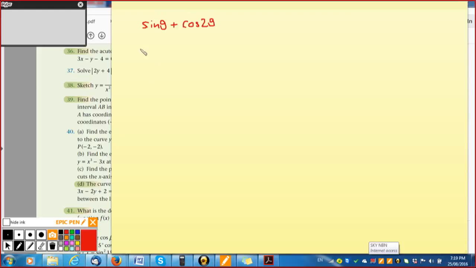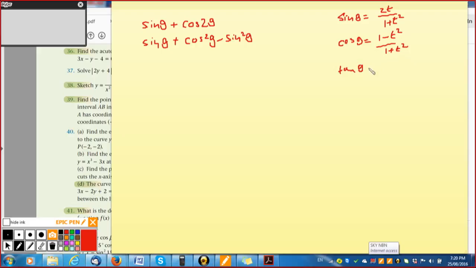So it ends up being sine theta plus cosine squared theta minus sine squared theta. Sine theta equals 2t on 1 plus t squared. Cosine theta is equal to 1 minus t squared on 1 plus t squared. Tan theta is equal to 2t on 1 minus t squared.